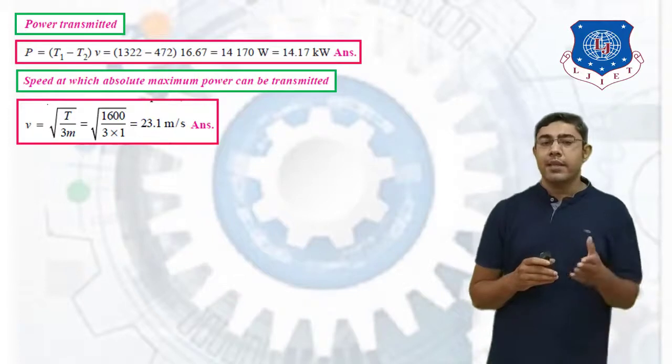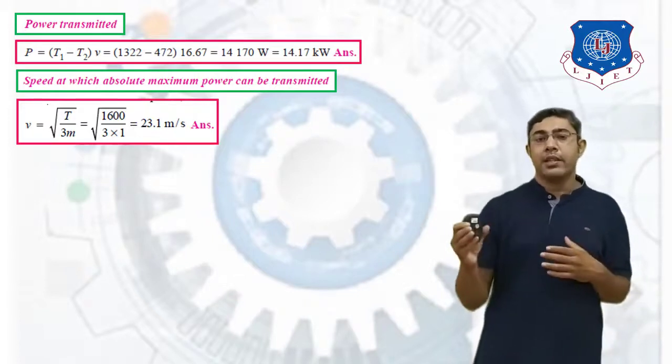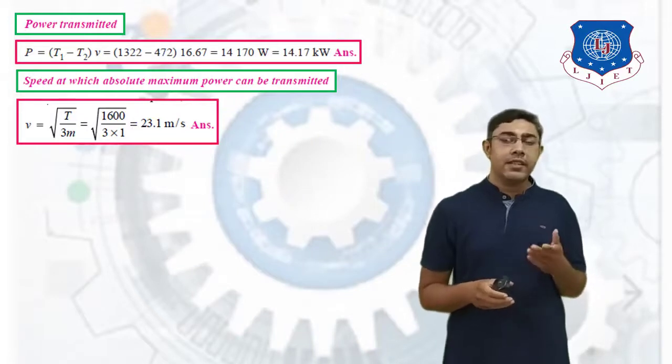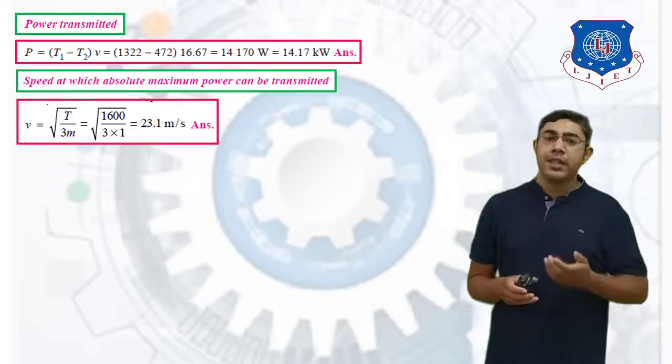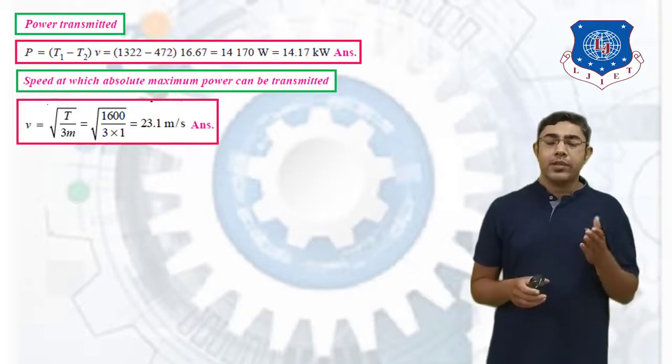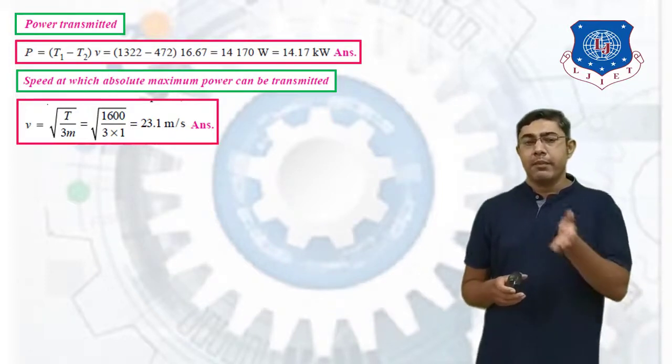So this is the speed at which the belt can transmit the maximum power. In the first answer we calculated the power at the given speed. Now this is the maximum power transmission condition. At this speed the belt can transmit maximum power.